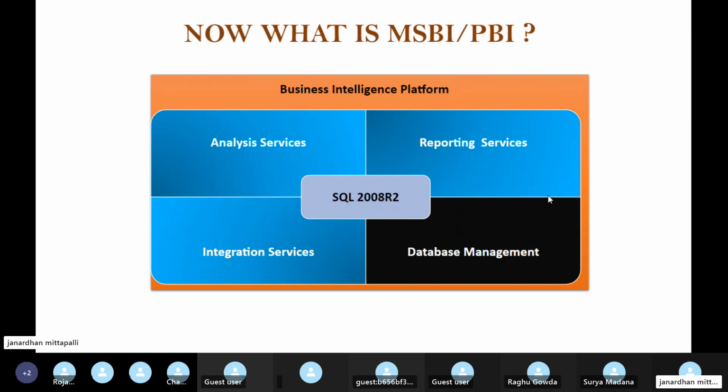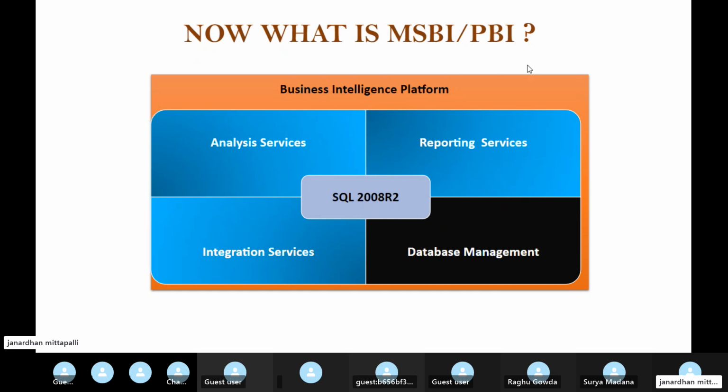All these are separate environments in the MSBI concepts. Analysis services is the SSAS part, SQL Server Analysis Services. This is one separate part in MSBI, and SQL Server Reporting Services is one part, and SQL Server Integration Services and Database Management. So these are all separate environments when it comes to the MSBI concept.